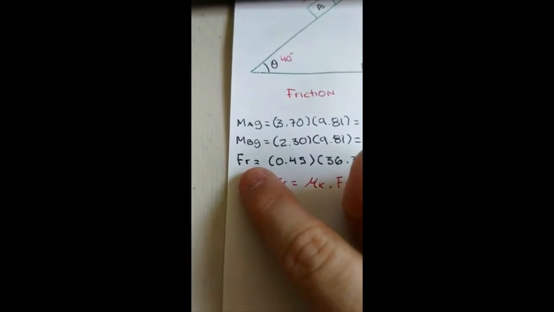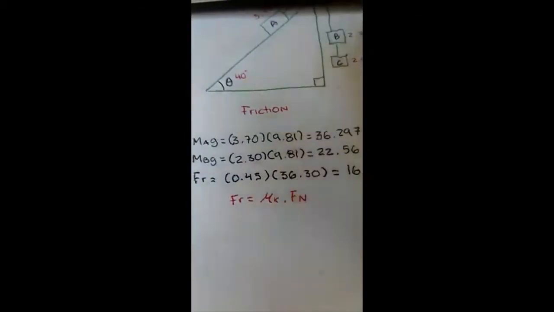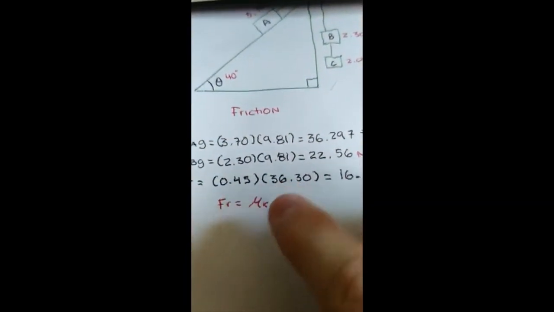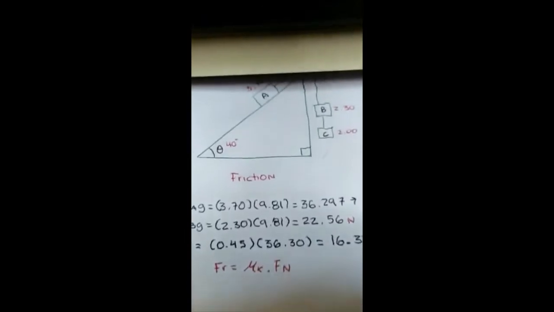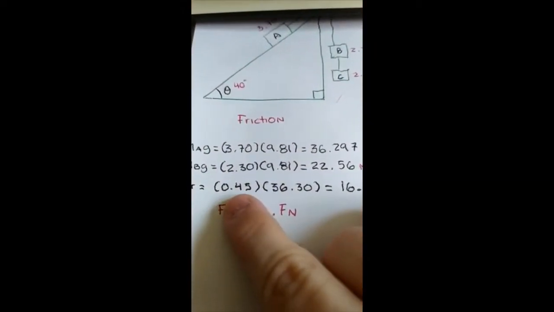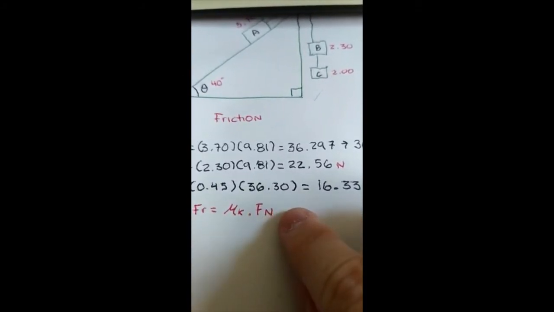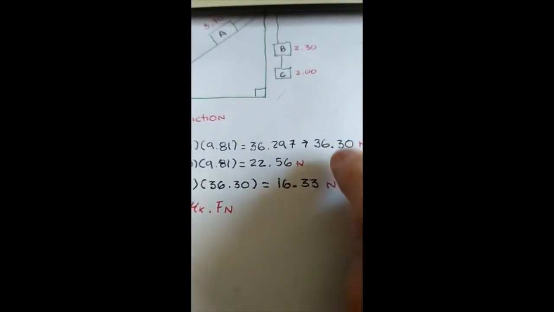So now we can finally find the friction. The friction is 0.45, which we have in the problem, right here. We take that 0.45 and multiply it by 36.30, which is right here.